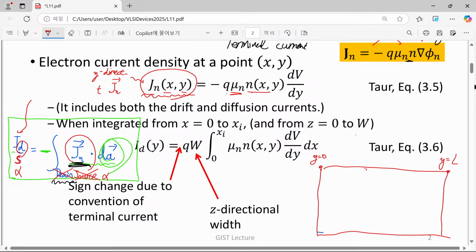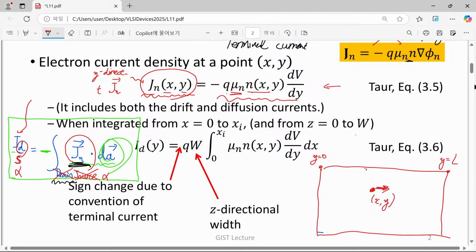And this equation 3.5 just says that if we select any point x comma y at any arbitrary position, then there will be current only in the y direction, and the amount of this y directional current density is simply given by this expression.